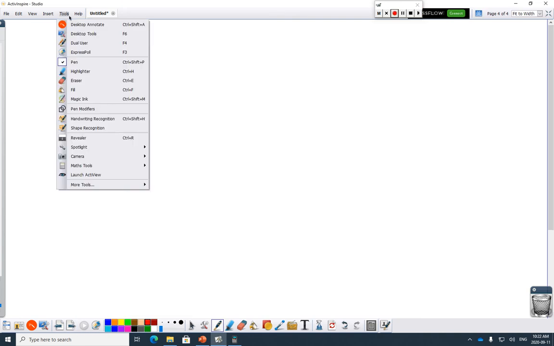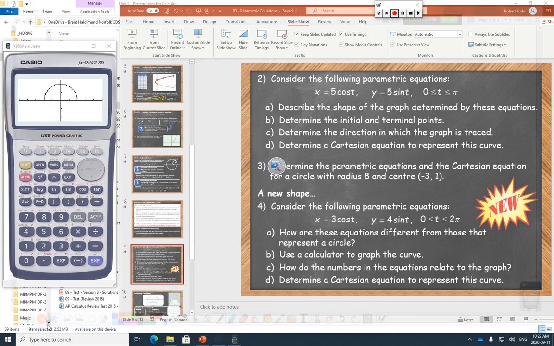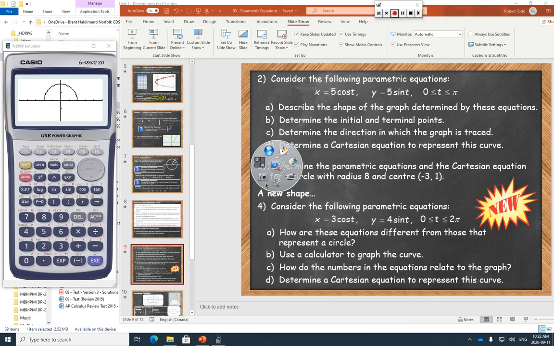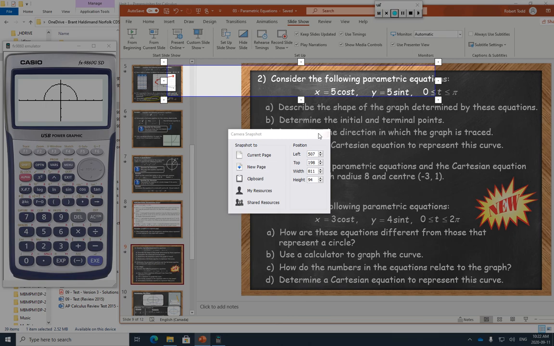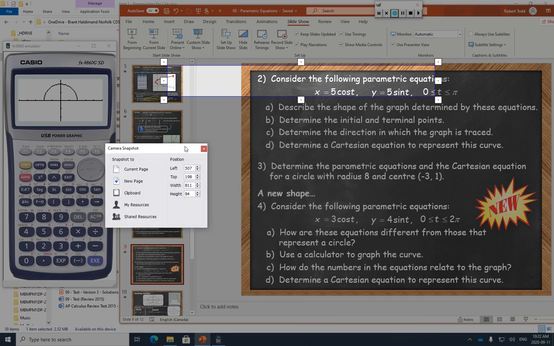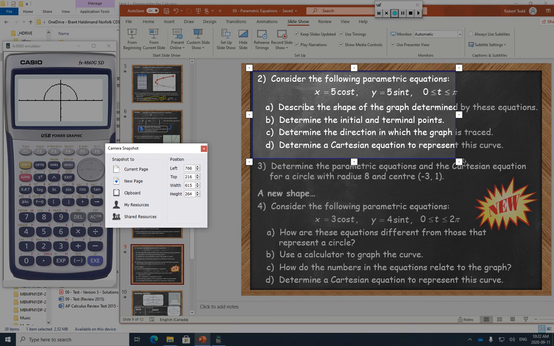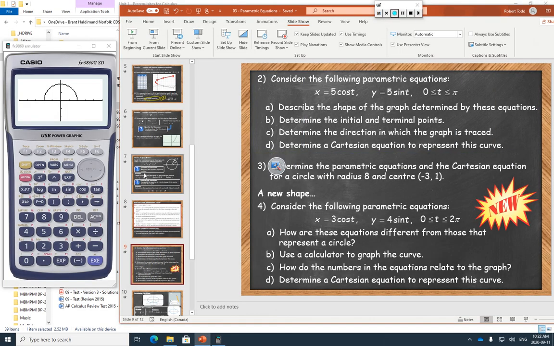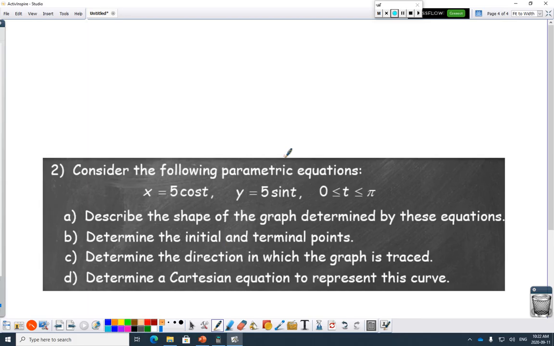Tools. No, not that. This one. Yes, like that. Okay, that's good. Here comes number 2. Current page. Return.